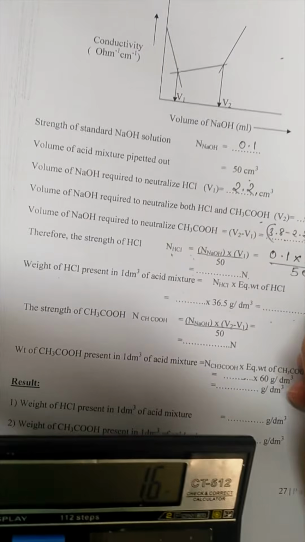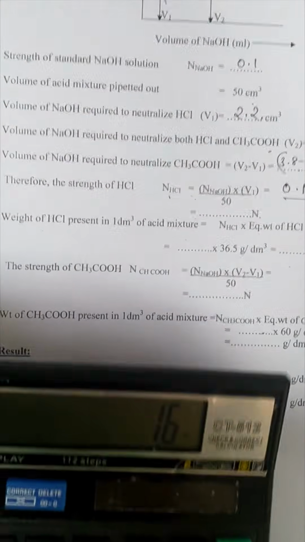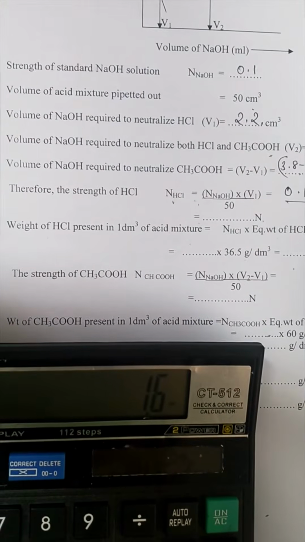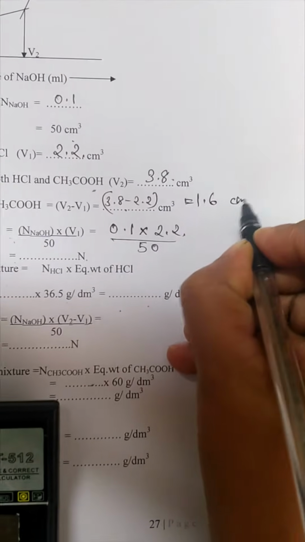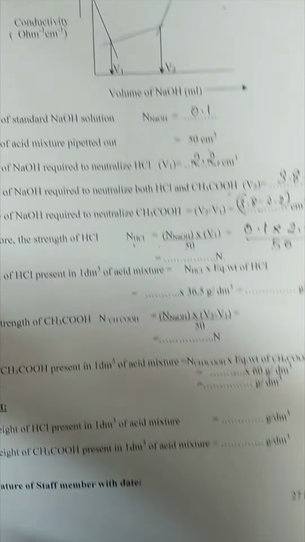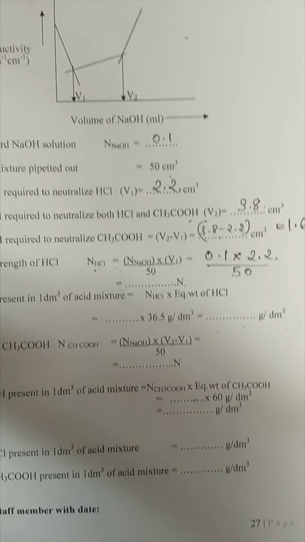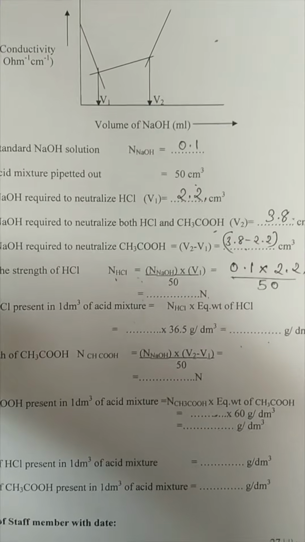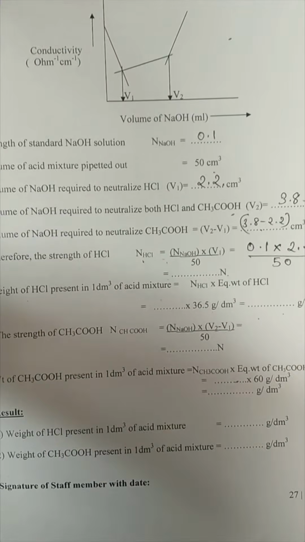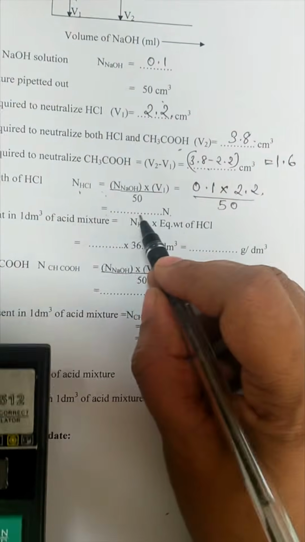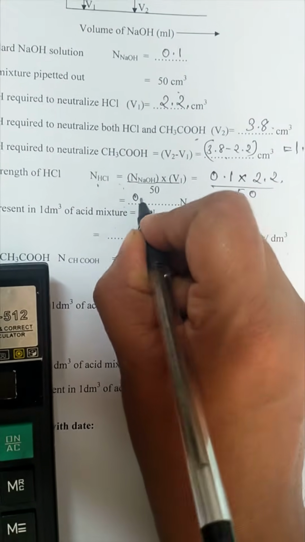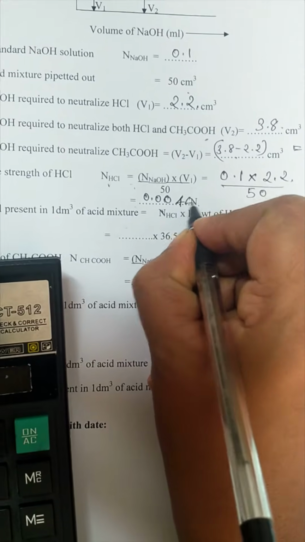So V2 minus V1 is coming as 1.6. And if we do this calculation, the normality of HCl is coming as 0.0044 normal.